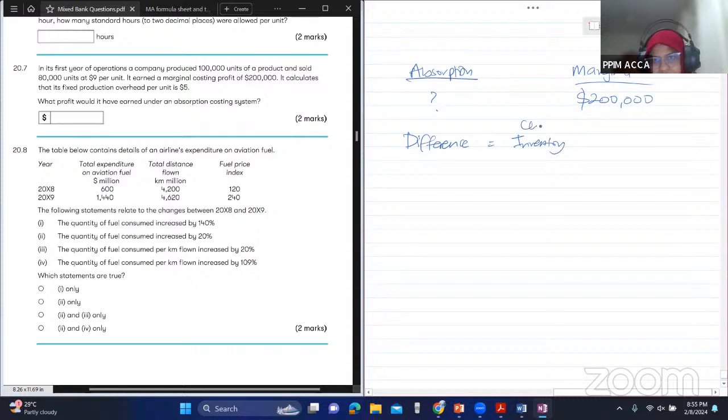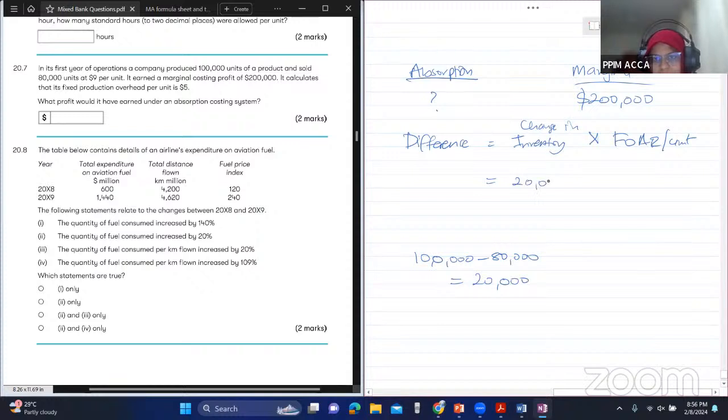The change in inventory multiplied by the fixed overhead absorption rate per unit. We produced 100,000 and we sold 80,000, so the difference is 100,000 minus 80,000, which is 20,000. That is only the change in inventory.